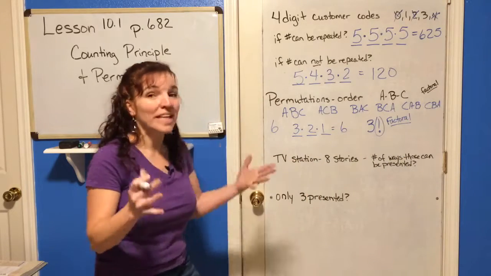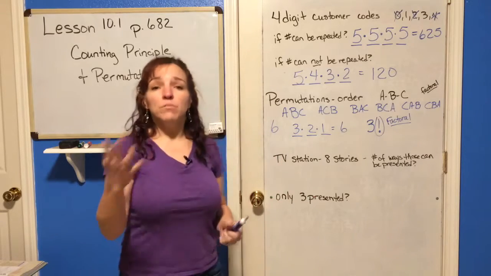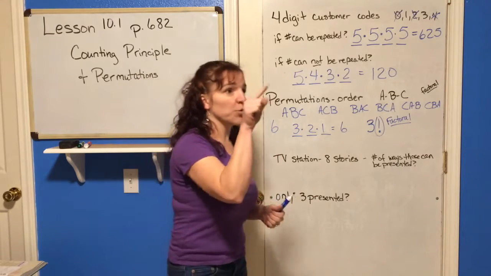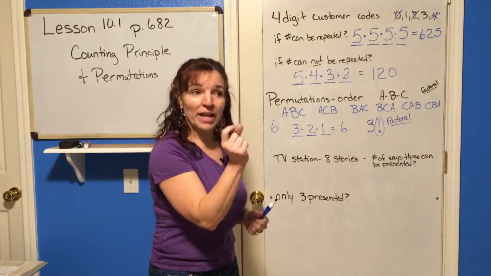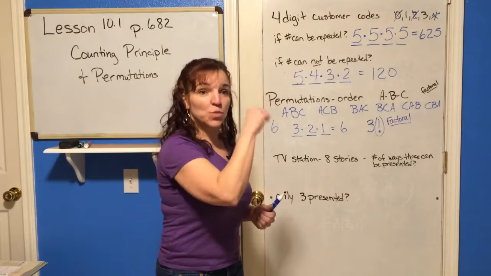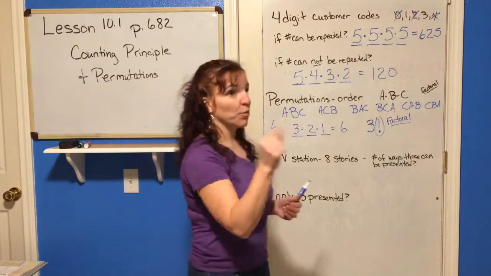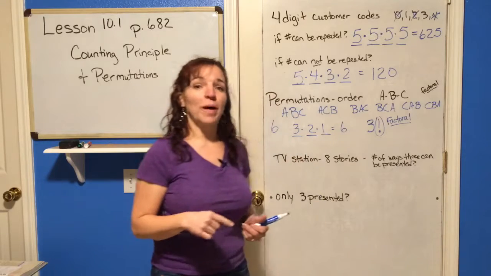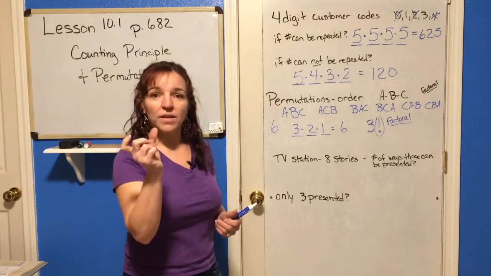3 factorial means 3 times 2 times 1. So you can either multiply out in your calculator 3 times 2 times 1, or there is a little factorial button. It should have an X with an exclamation point, and that's the factorial. So what you would do is type in a 3 and then press the factorial button. Now I say that that's true on your iPhone calculators.